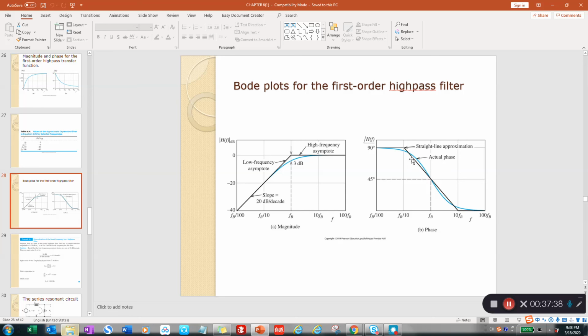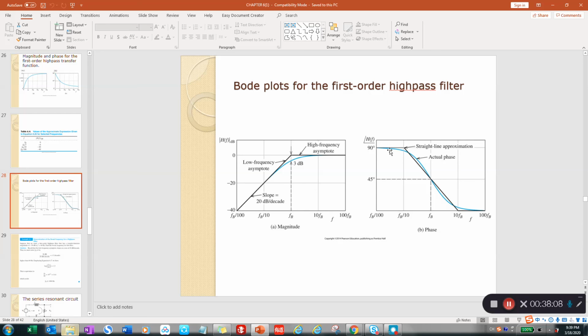And if your frequency is a tenth of FB, then you are going to get 90. If you continue to reduce the frequency, we are going to get 90 degrees, because previously for the low-pass filter, this segment equaled 0. And for the high-pass filter, you just add the 90 degrees.